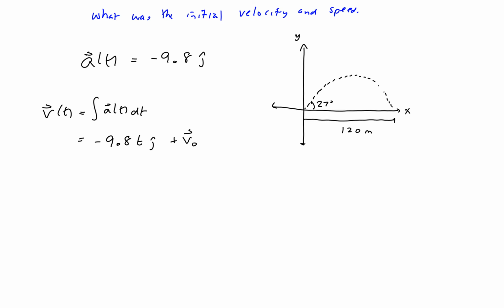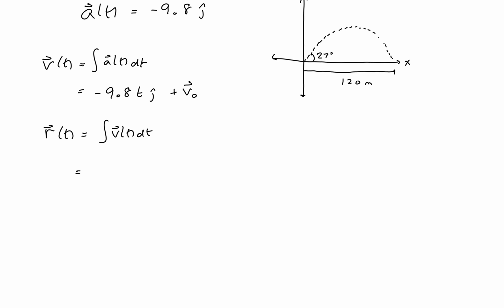And then our position function is going to be the integral of the velocity function. So this is minus 4.9 t squared j plus the vector v0 times t plus some constant, which we'll say is the initial position.